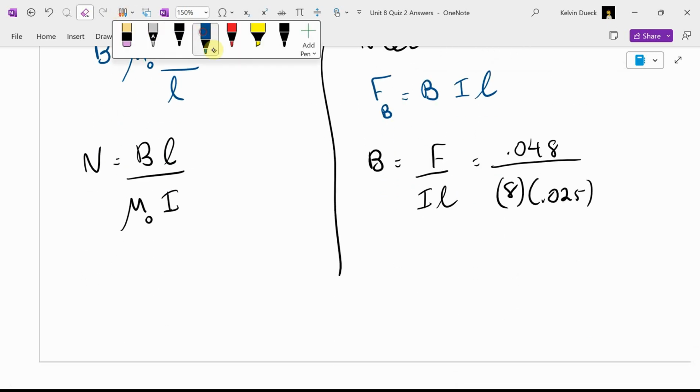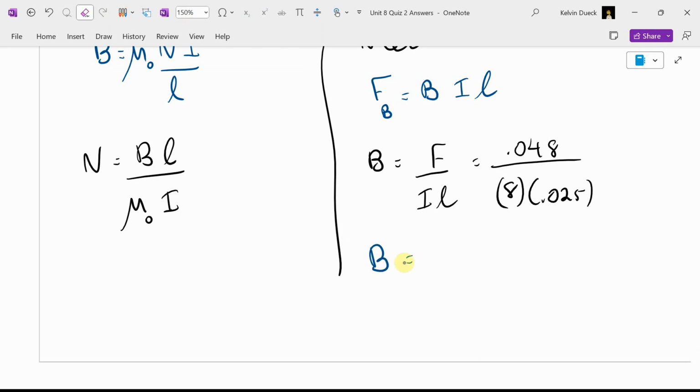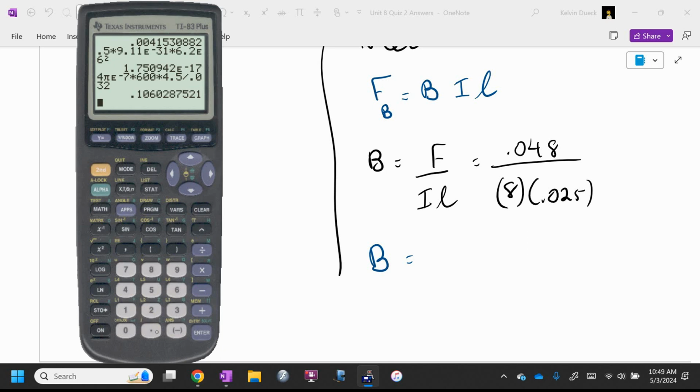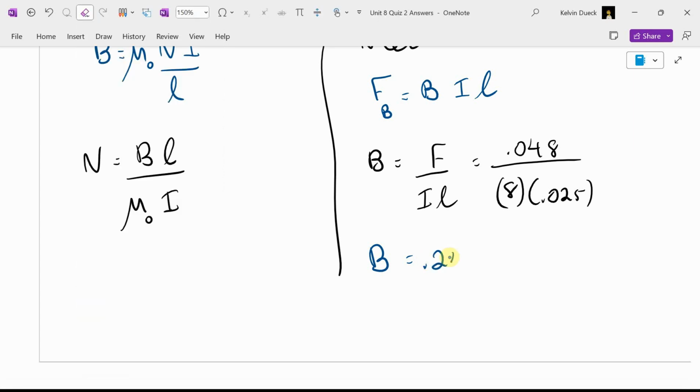I'm going to get a magnetic field strength. This might work out nice. 0.048 divided by bracket. Is it 0.24? 0.24, yeah. Teslas.